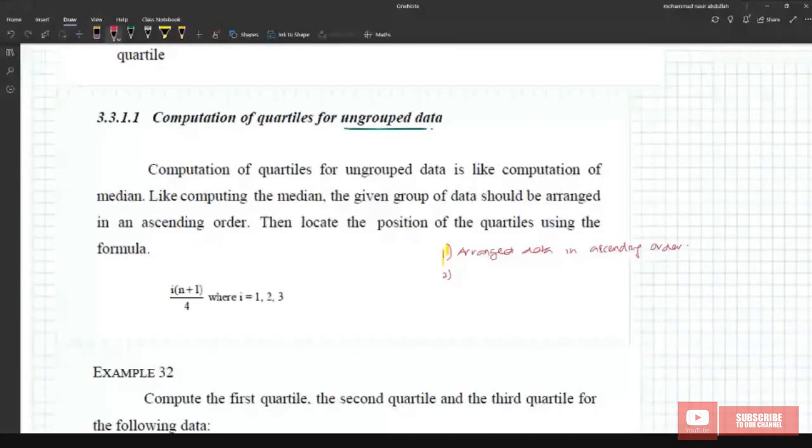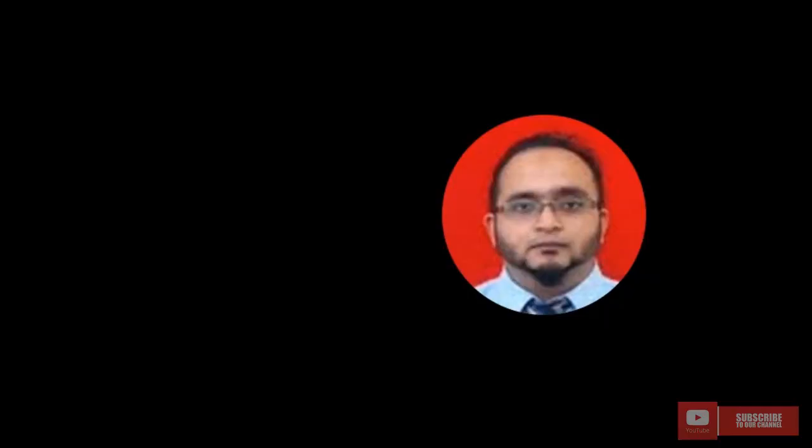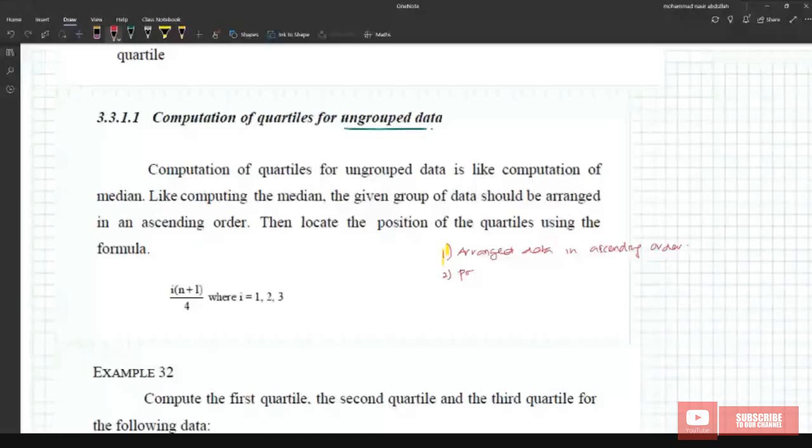And second step, we need to find the position of quartile i, where i is equal to 1, 2, and 3. That means we can find quartile 1, quartile 2, quartile 3, right?